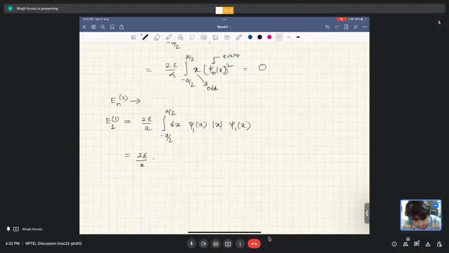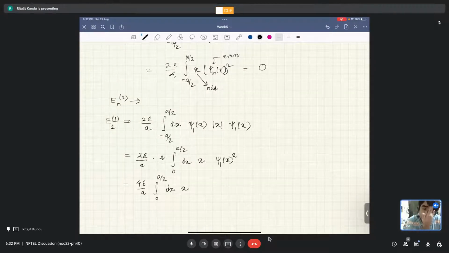I can put the 2 in the front and change this limit from 0 to a by 2, and because we are in the positive region, mod x becomes just x, and then we are left with psi 1 x square, integral from 0 to a by 2 dx x, and I can directly plug in the psi 1 x.